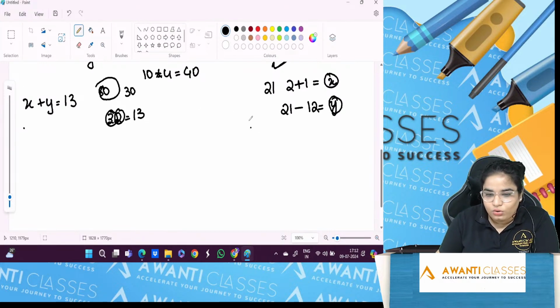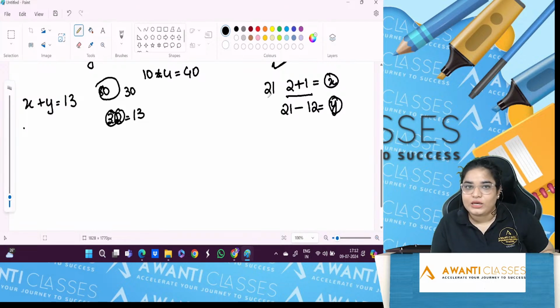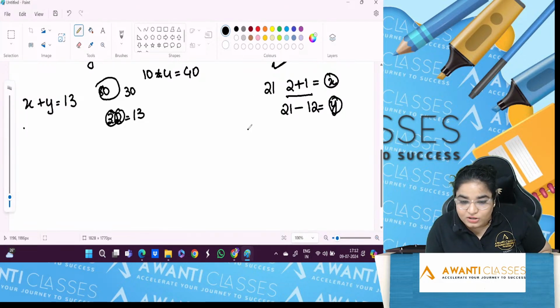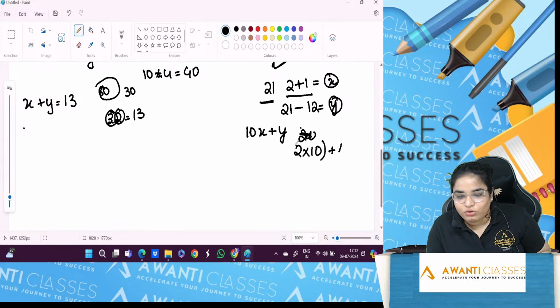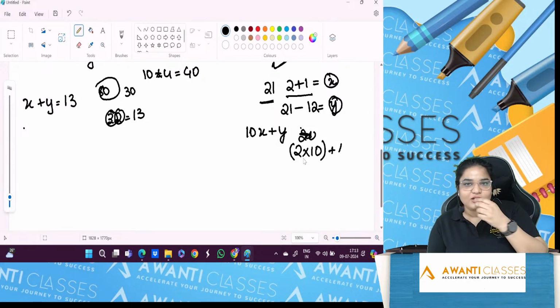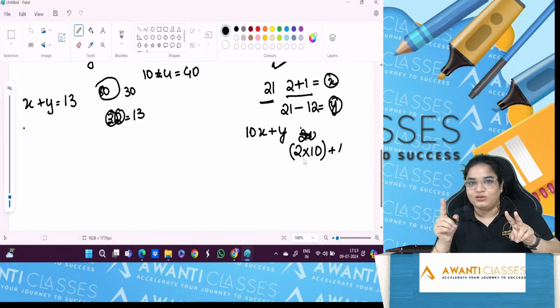When I say 2 plus 1, I can say x plus y. But what is the number actually? 10x plus y, yes or no? Why? Because 21 is what? 2 into 10 plus 1, yes or no? 21 is not 2 plus 1. 21 is 20 plus 1.